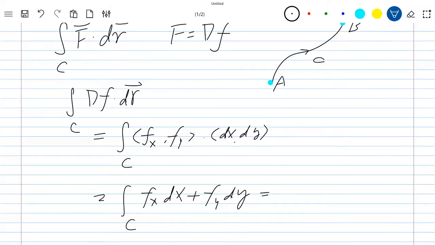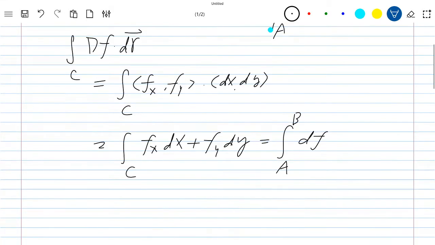And if you remember, that's exactly the differential of this function. And along this curve means from the beginning point to the end point. So that's just the difference of the end point minus the beginning point.